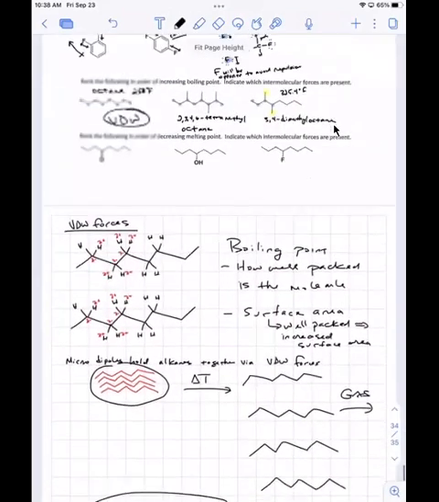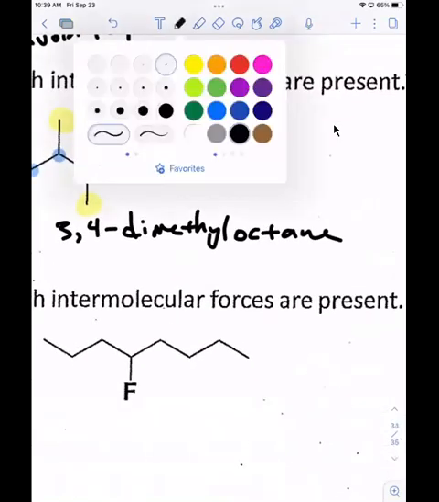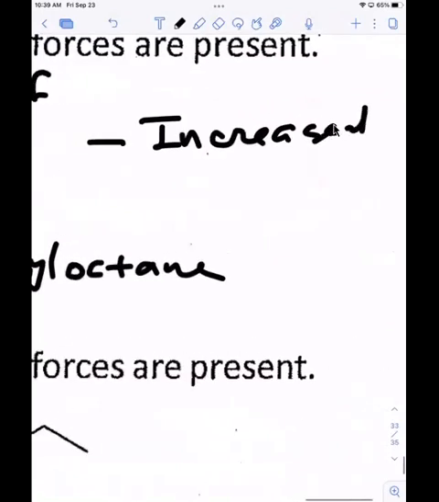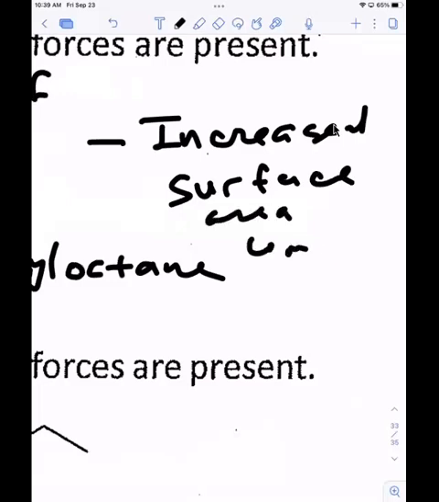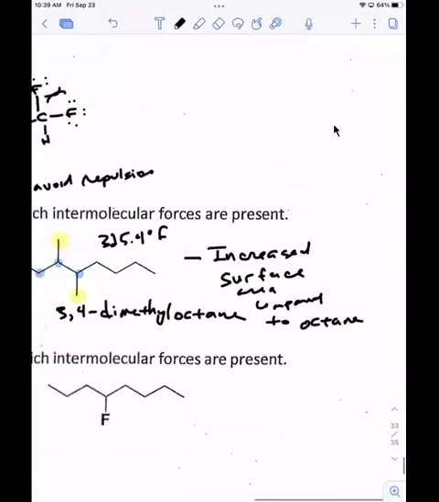So the way we can explain that is that the surface area is increased compared to octane, right?